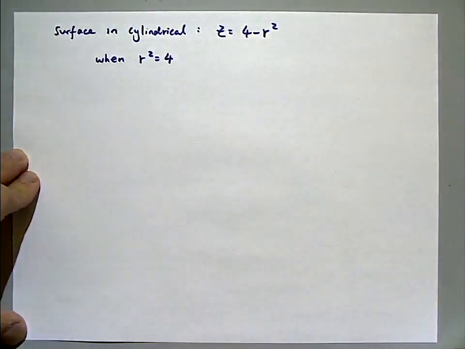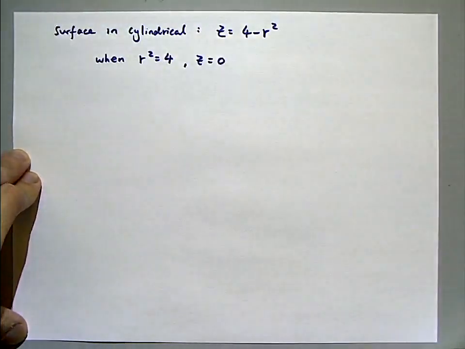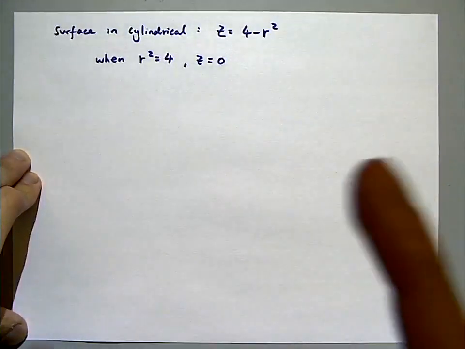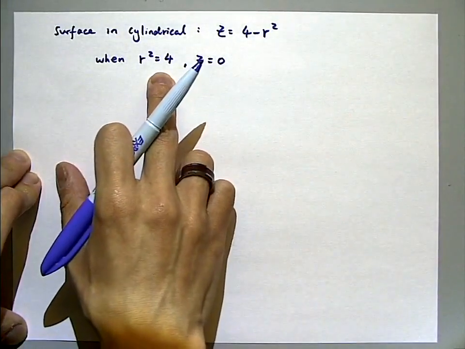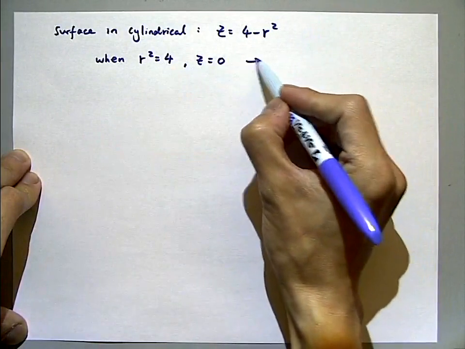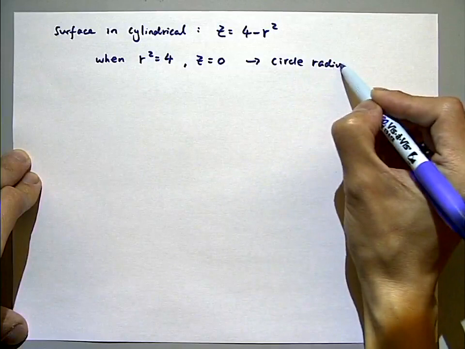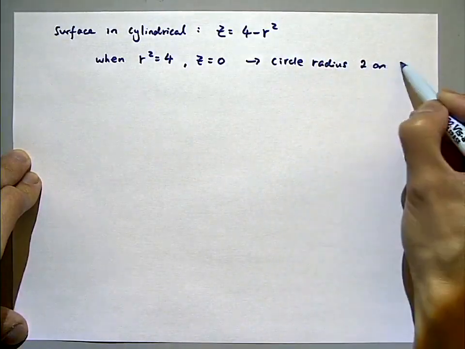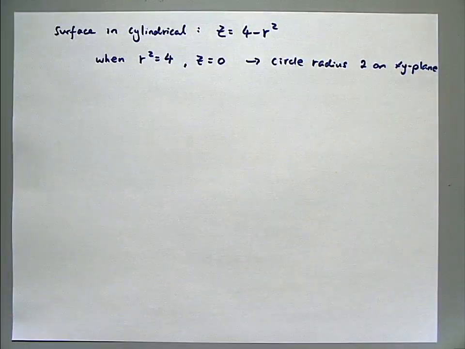When r squared is equal to 4, z is equal to 0. So whatever this thing is, it's going to look like a circle of radius 2 on the x and y plane. Right? When z is equal to 0, we have r squared is equal to 4, so therefore a circle of radius 2 on the x and y plane.